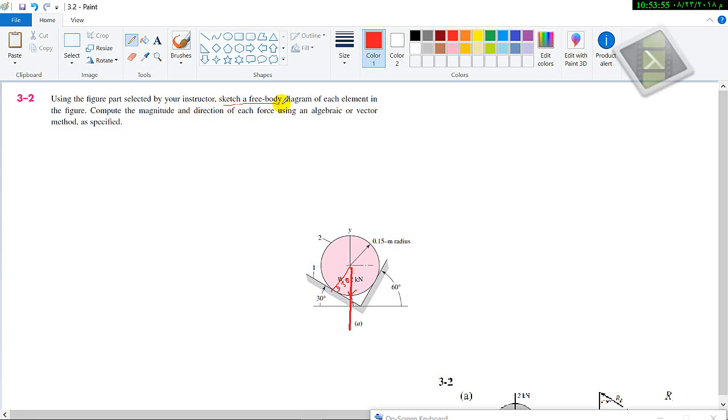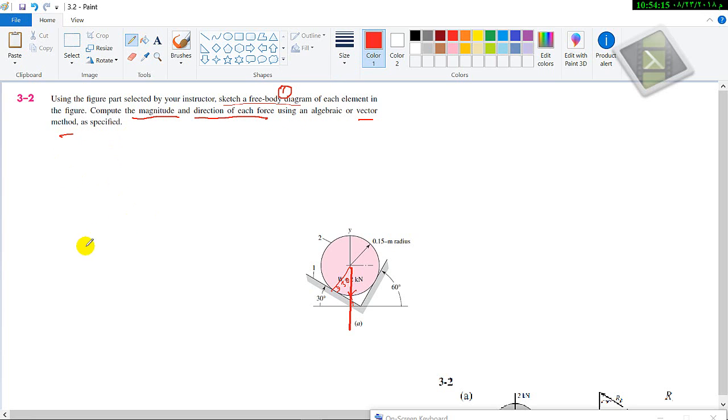This is number one. The second is to compute the magnitude and direction of each force using an algebraic or vector method as specified. So you will use the algebraic and vector methods for the solution.